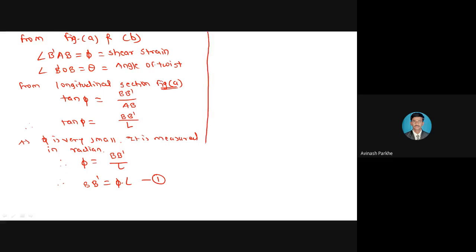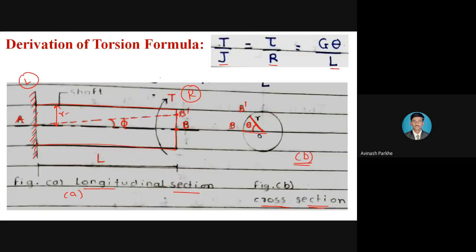So from this longitudinal section, from figure A, I got the value of B dash is equal to phi into L. Similarly, from the cross section of the shaft, that is figure B, if I have to calculate the length of arc, you can go through this figure.